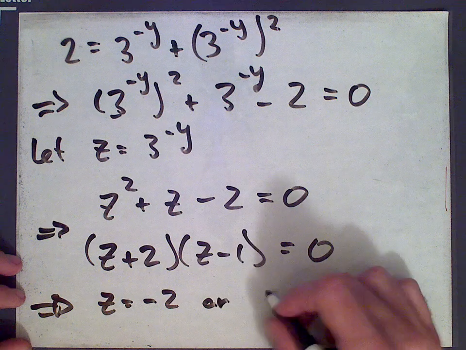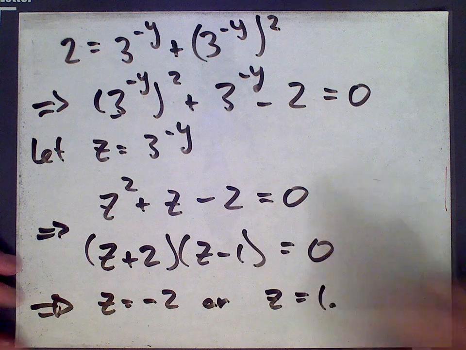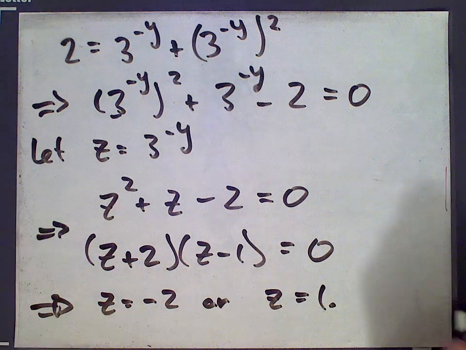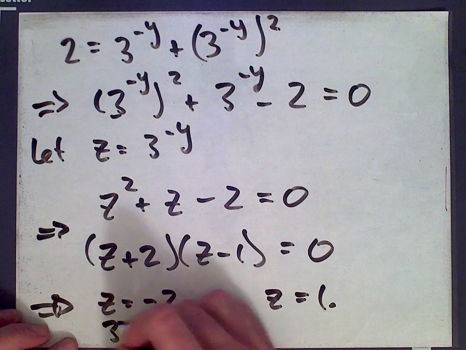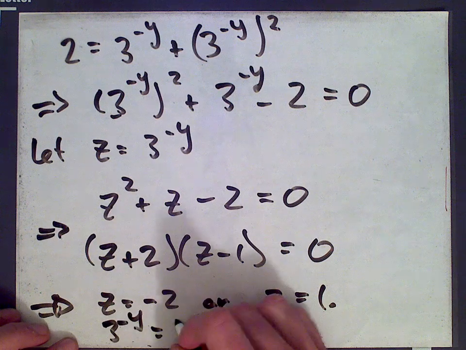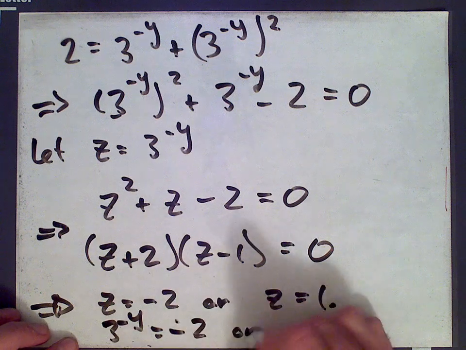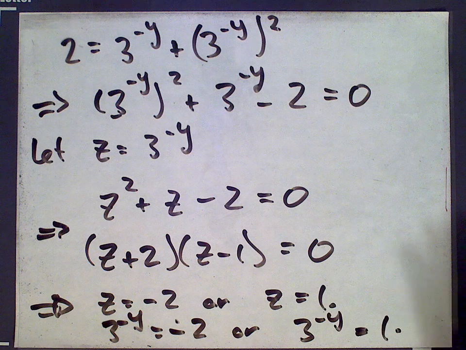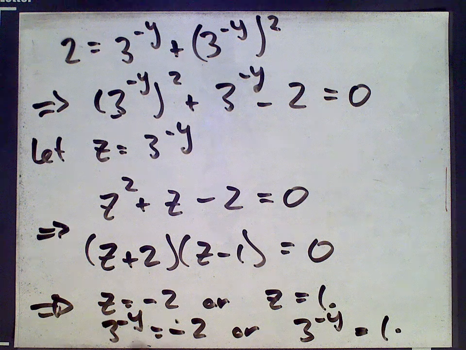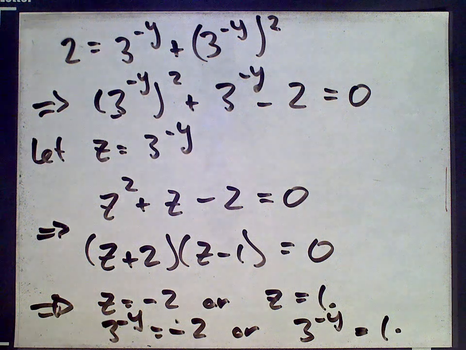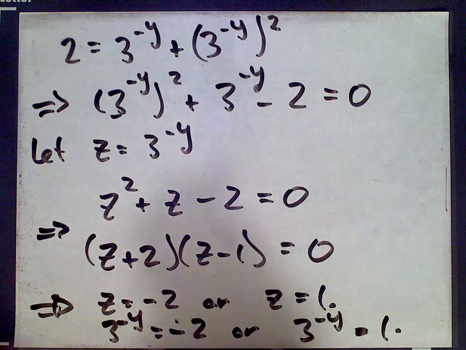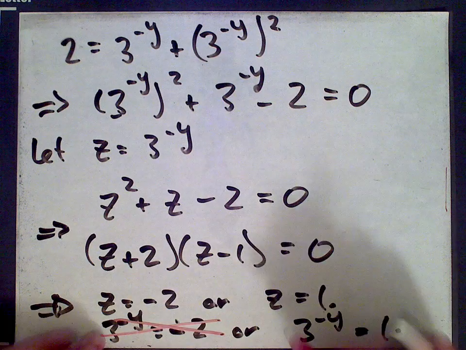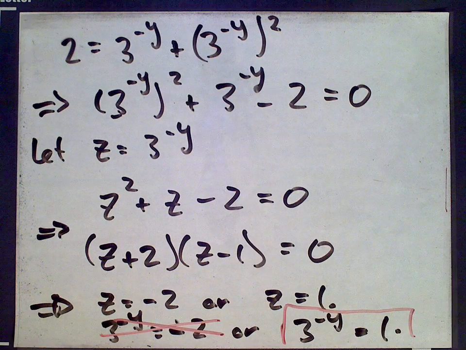And the two possible roots are z equals negative 2 or z equals 1. Z is 3 to the negative y, so we get 3 to the negative y is negative 2, or 3 to the negative y is 1. A positive number raised to any power can't be negative, so that means 3 to the negative y can't be negative 2, which means we know the solution here.